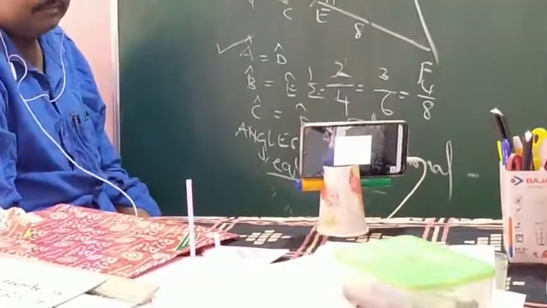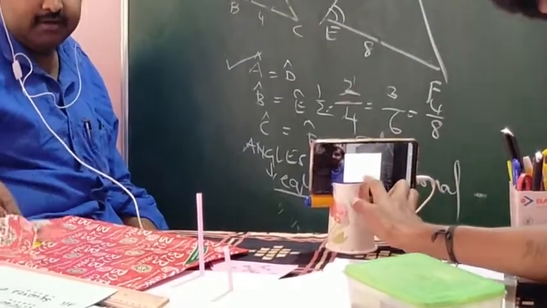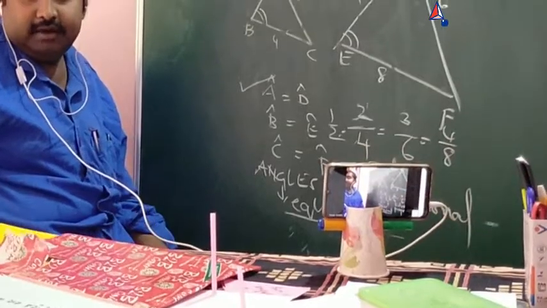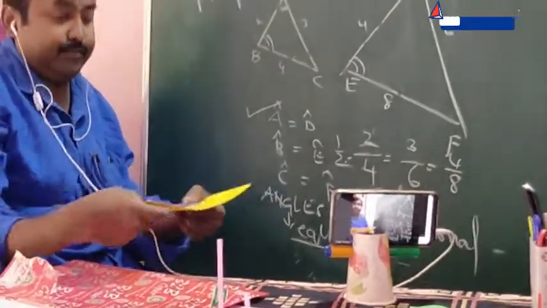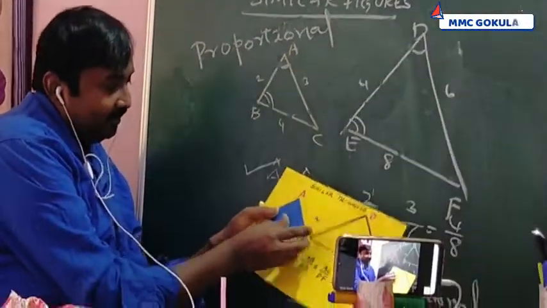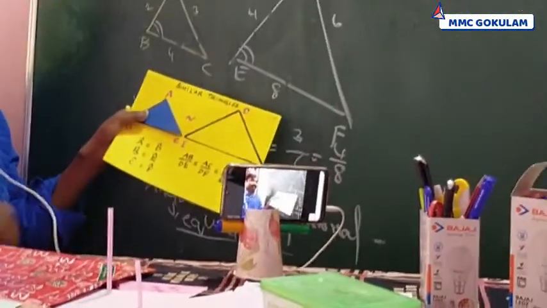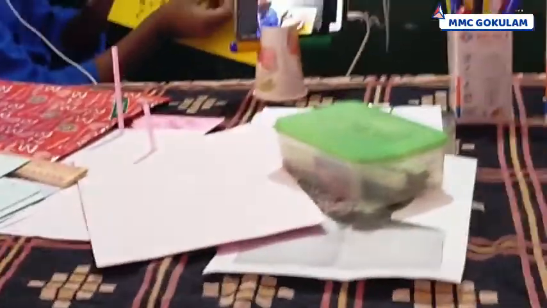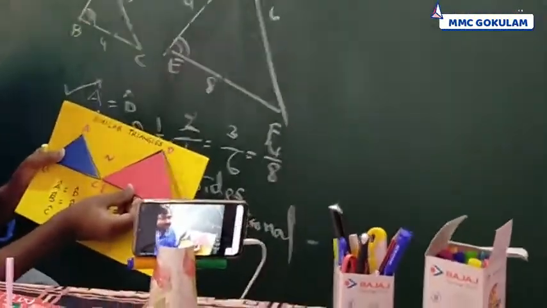Sides must be proportional. Clear? I will show you. Here a triangle ABC, and this is a triangle DEF. We observe these two triangles. Observe the angles here.